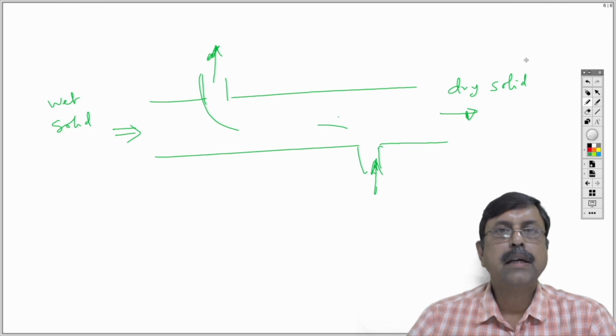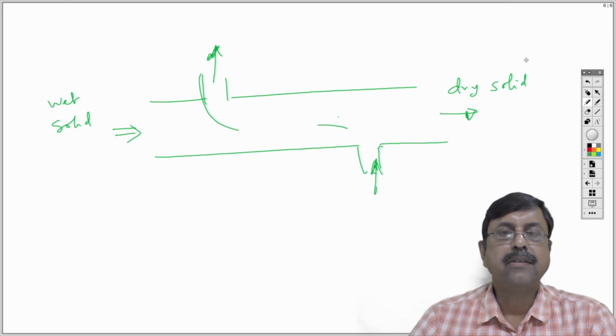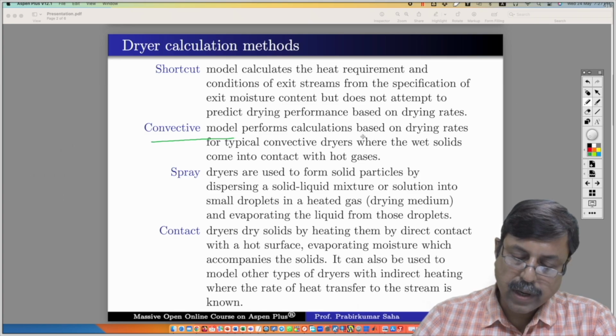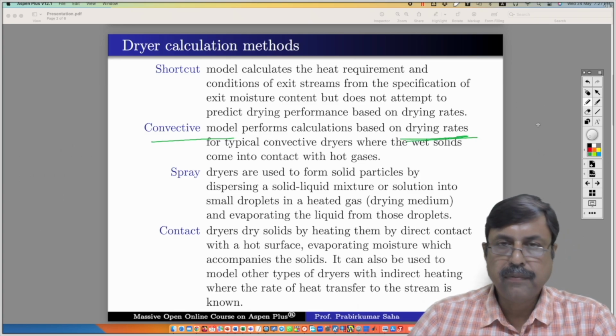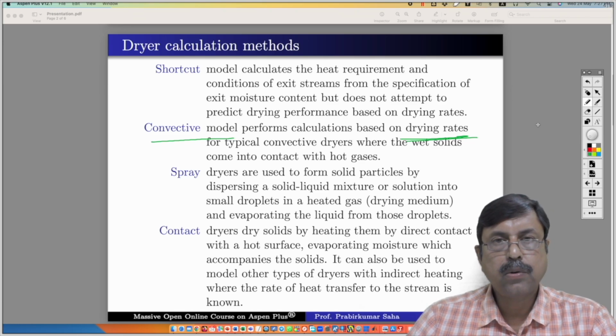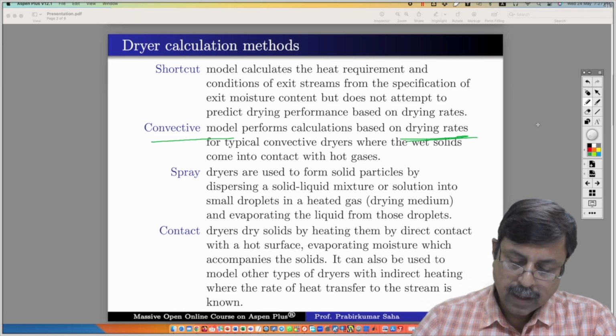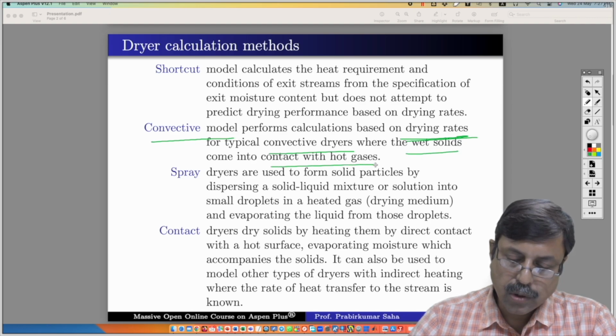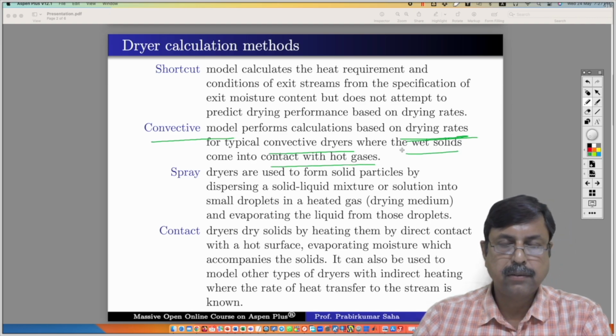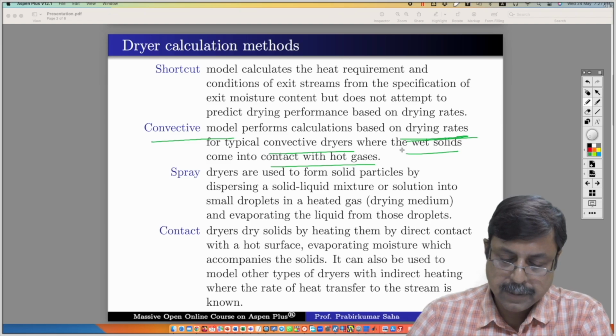So that's how the convective dryer functions. And the convective model performs the calculation based on the drying rates. A few minutes back, we discussed what a drying rate is, for typical convective dryers where the wet solids come into contact with the hot gases. That's exactly what I explained.